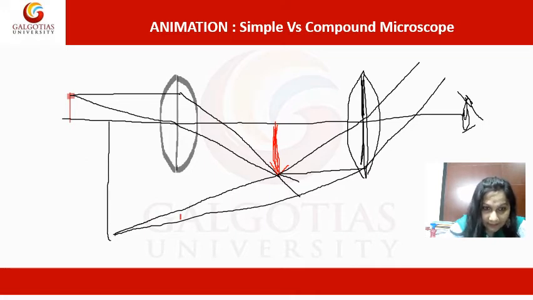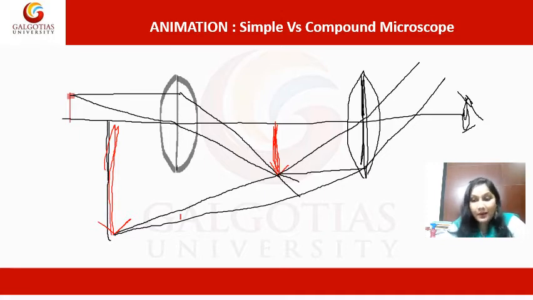Okay, just a minute, let me change the color of the object. This is how a compound microscope works to create a much larger or much magnified image of the object by using the product of magnification power of two lenses.